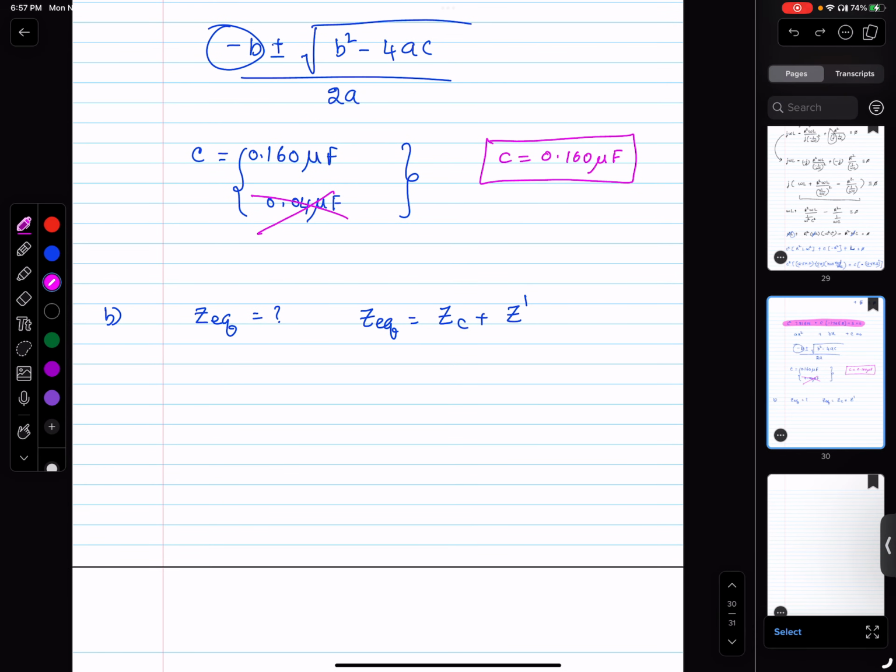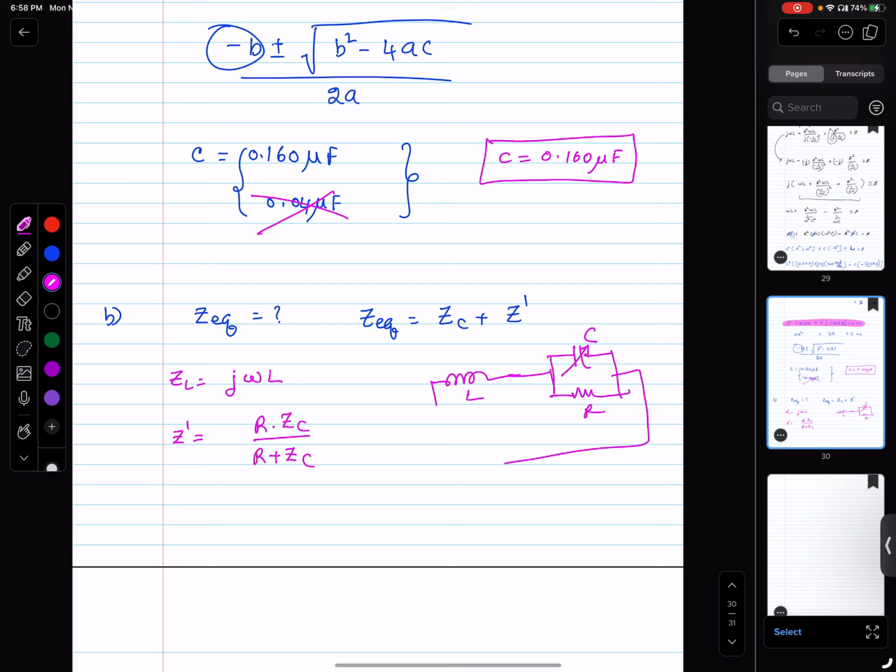ZL equals J omega L. Z prime equals R times ZC divided by R plus ZC. Remember, there is this capacitance in parallel with the resistance, which is in series with the inductance L.